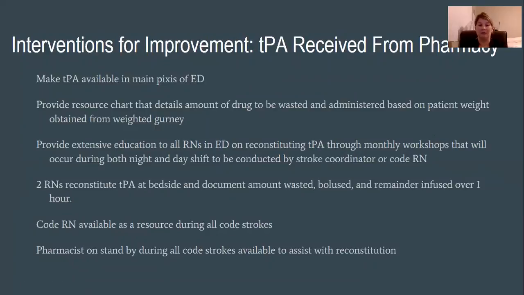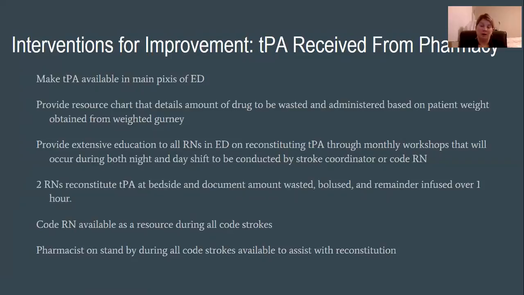So again, it was made available in the Pyxis of the emergency department. Resources are available to detail the amount of drug to be wasted and administered based on the patient's weight that's obtained from a weighted gurney.